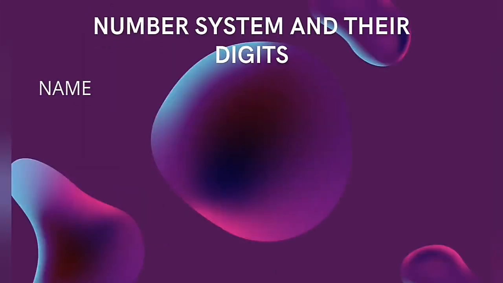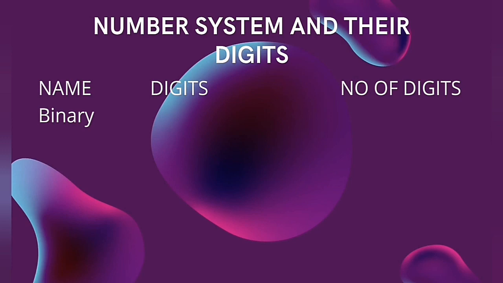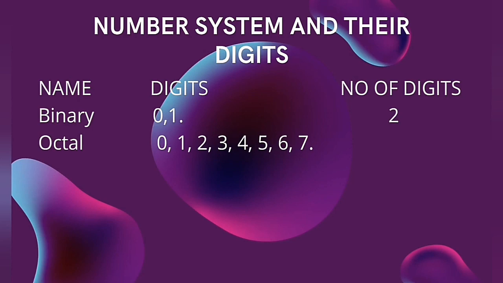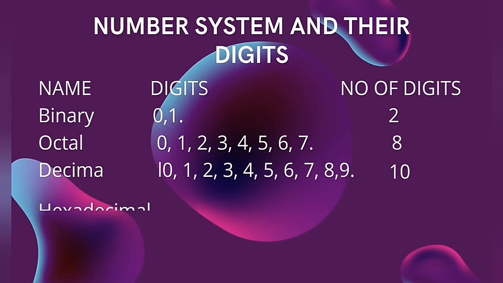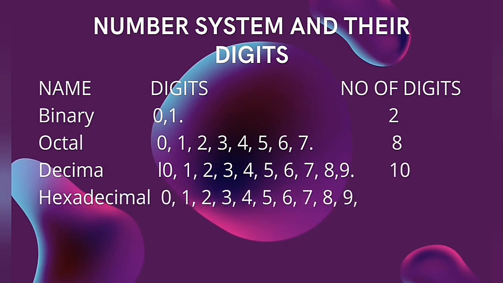A quick reminder of the different number systems and their digits will remind you of what each base entails. For example, the binary, we said, are numbers in base 2, therefore only 2 digits are allowed, like you have displayed on the screen. Octal, which is base 8, allows 8 digits, and the decimal allows 10 digits, that is from 0 to 9.